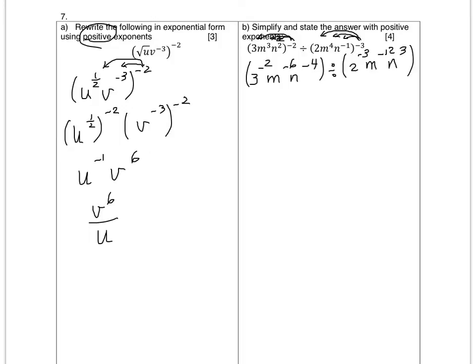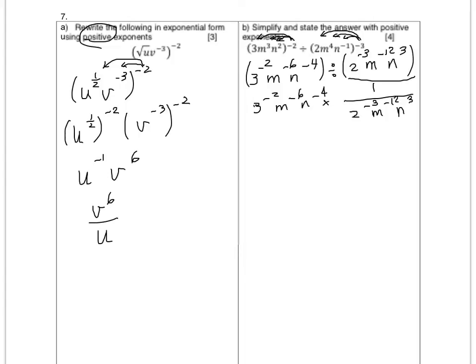Now, since we are dividing, this means that I have to flip the second fraction and then multiply. So I'm going to get 3 exponent negative 2, m exponent negative 6, n exponent negative 4, times 1 over 2 exponent negative 3, m exponent negative 12, n exponent 3.